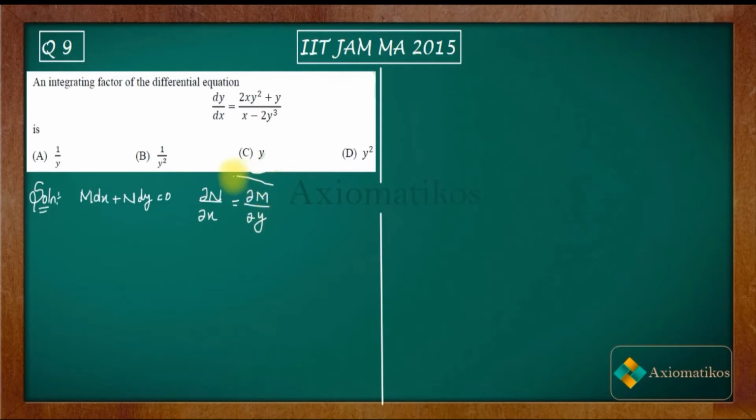If this is happening, then we can say that this differential equation is exact. Sometimes it happens that these two things are unequal, and then we need an integrating factor in order to make that differential equation exact. So suppose del N over del x is not equal to del M over del y.